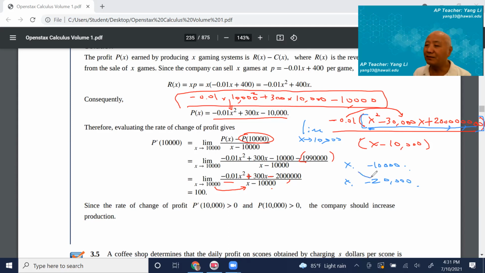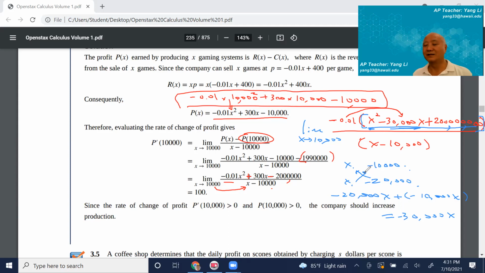But if you cross multiply, what do you get? You're going to have negative 20,000 x plus a negative 10,000 x. You will get what? Total is negative 30,000 x. Matches the middle one.